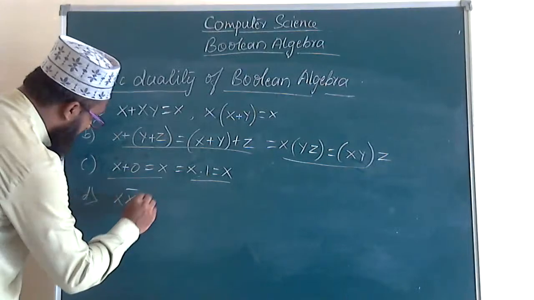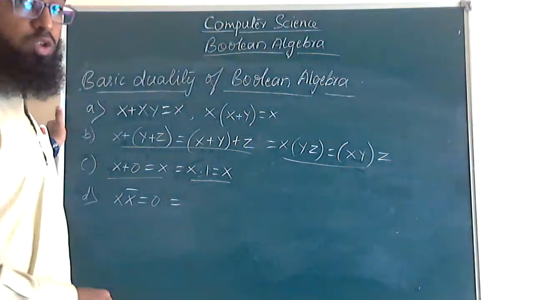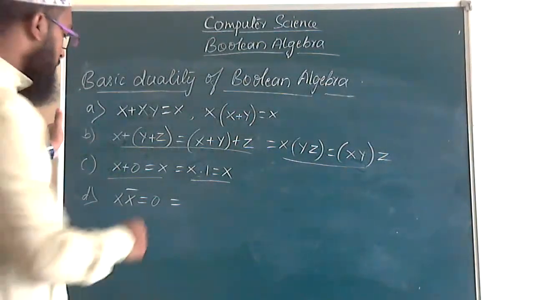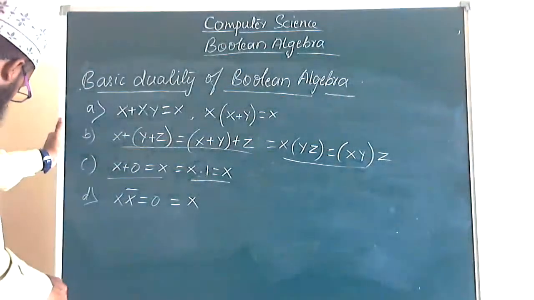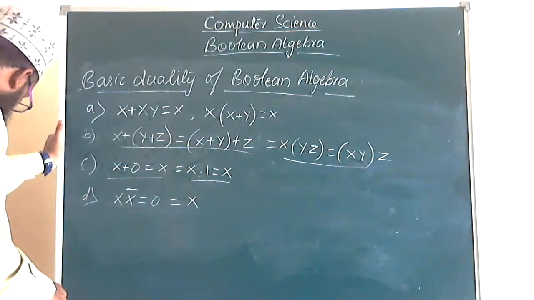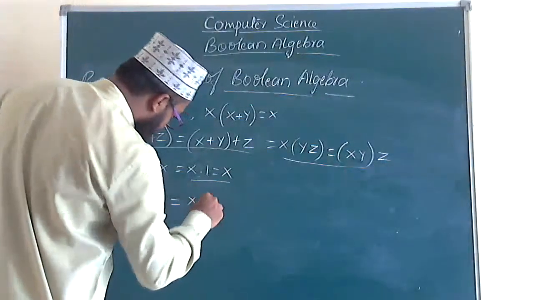X into x bar is equal to 0. Write down x as it is. Then what we have to do? Change AND sign to OR sign, plus.